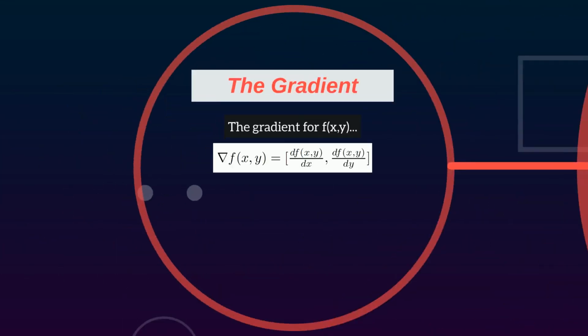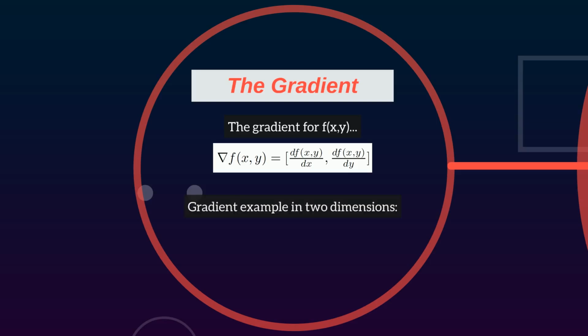If we had the gradient for f of x, y, this would be the same as writing the partial of f with respect to x in the first position in our array, and then the partial of f with respect to y in the second position of our array.